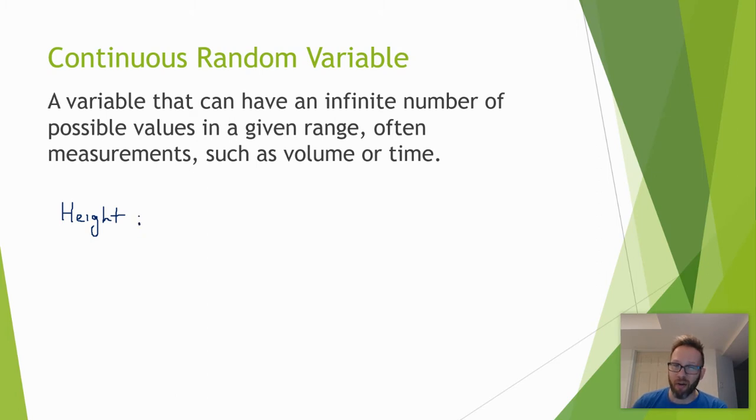Can you write down all the possible heights of somebody? Well, no, you can't. There's infinitely many, right? Because somebody could be 180 centimeters tall, or 180.1 centimeters tall, or 180.01 centimeters tall. And even in between any of those, there's an infinite number of possible heights. So this is a continuous random variable, and we actually look at those in a later unit.